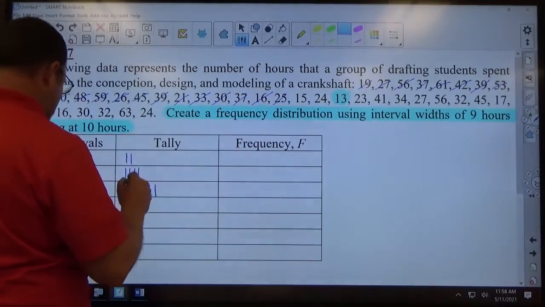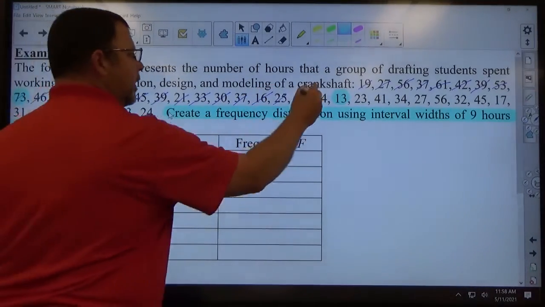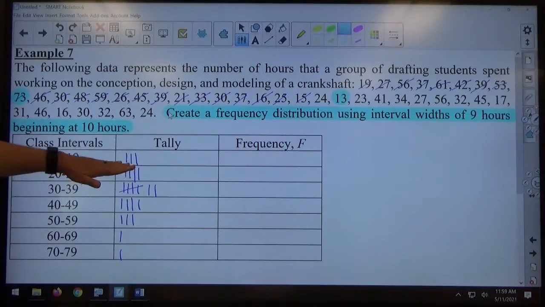And the whole time I'm doing this, it doesn't matter how big the numbers are, like 15 to 16 both get tallied in the 10 to 19.